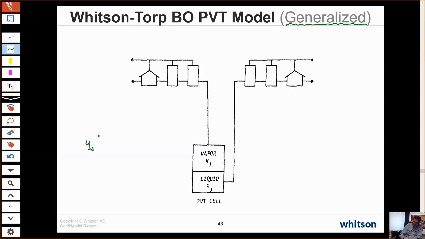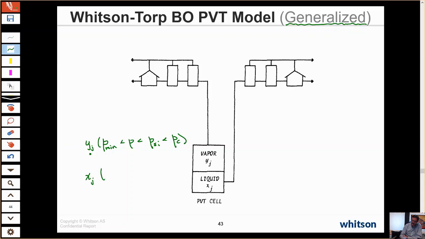I'll use the J nomenclature from the original paper, for pressures all the way from some low pressure, maybe not standard conditions, some minimum, all the way out to a critical pressure.